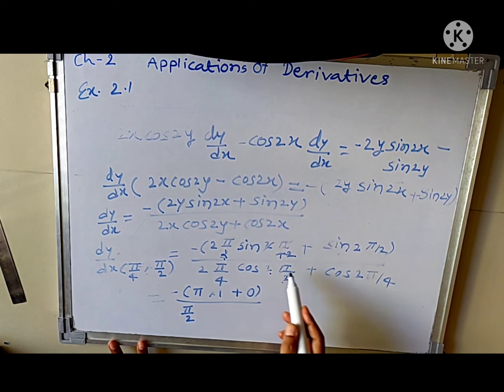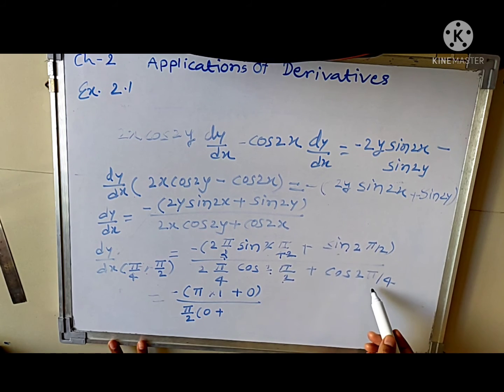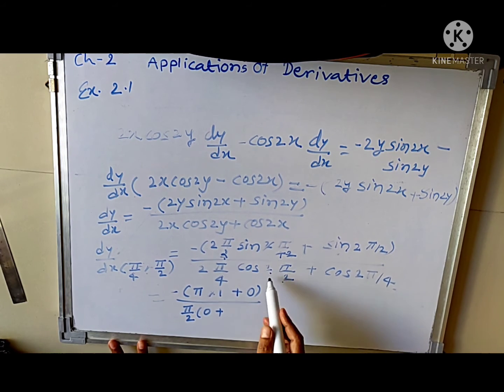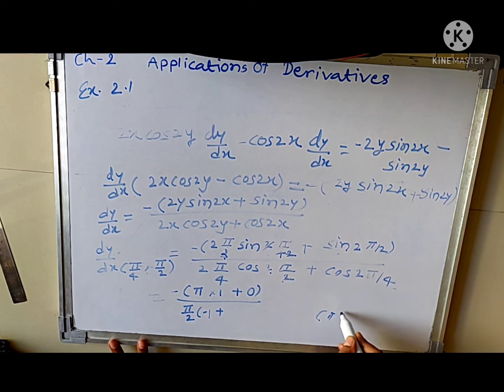2 to cancel, what is the value of cos pi? It is 0 plus cos pi by 2, cos pi by 2 is 0. Sorry, 2 to cancel, cos pi, what is the value of cos pi? It is minus 1. Look here, how to find cos pi?